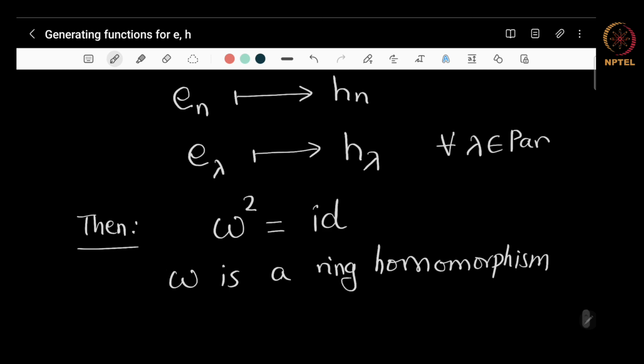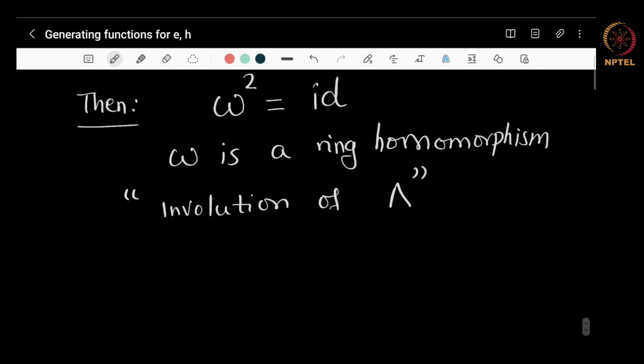Okay, so this sort of map is therefore what you would call an involution, something whose square is the identity. It's a ring homomorphism whose square is the identity. So we have this map, which is what we call an involution of the ring of symmetric functions. And what does this involution do? It maps h's to e's and e's to h's, e lambdas to h lambdas and h lambdas to e lambdas.